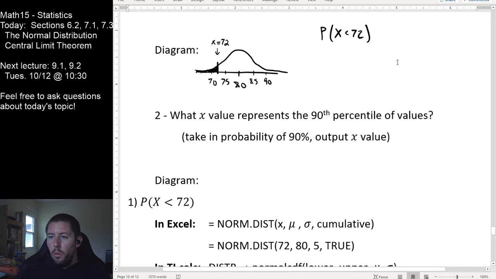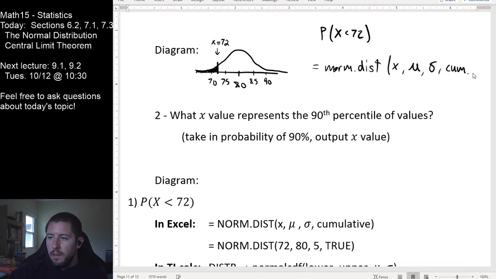Here I'm going to write this one out: we did equals NORM.DIST, with x, mu, sigma, cumulative, and again we're always going to give true for cumulative in these normal cases. So we chose NORM.DIST.